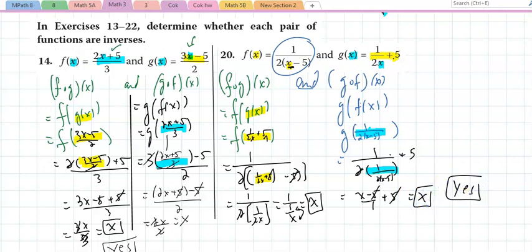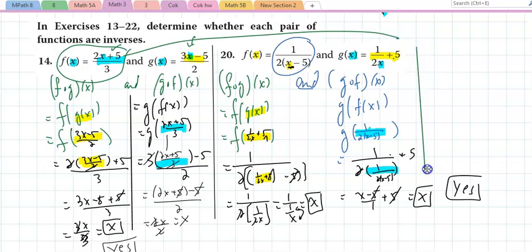Now, the part I was talking about on number 14, if I was to take this, I'm giving you another option. If I am to switch x with y and solve for y, get rid of the fraction, subtract 5 from both sides, and divide by 2.